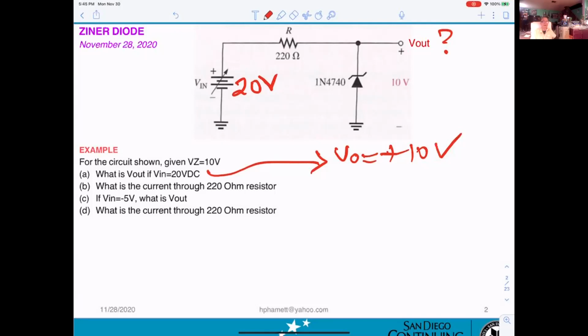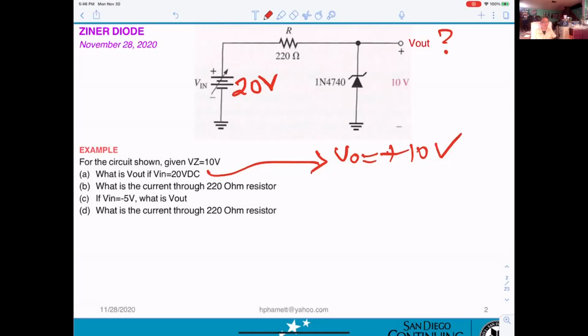If any voltage at the input is higher than 10, like 50 volt, no matter what, output will be 10. The Zener will break down. And if you want to calculate the current through the resistor, you have to take the difference between V in and the 10 volt of the Zener, divided by the resistor.